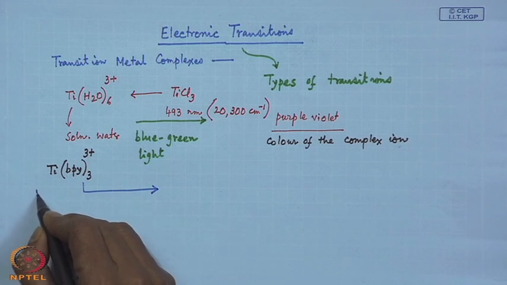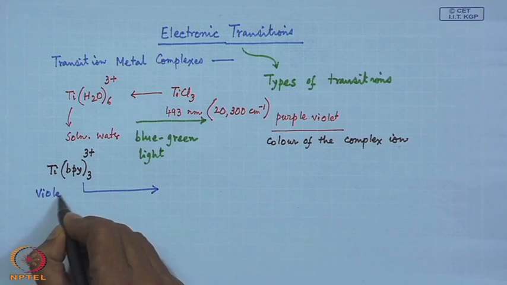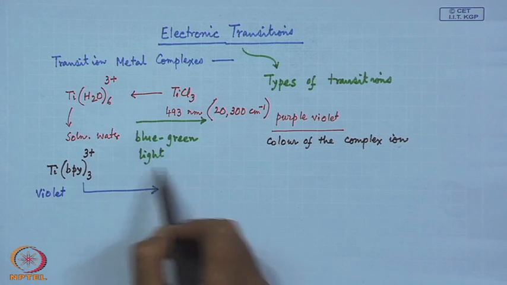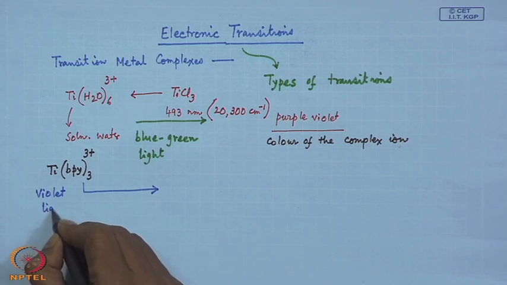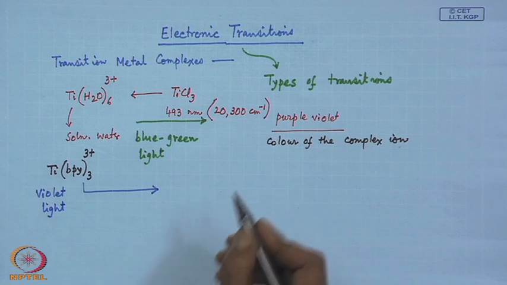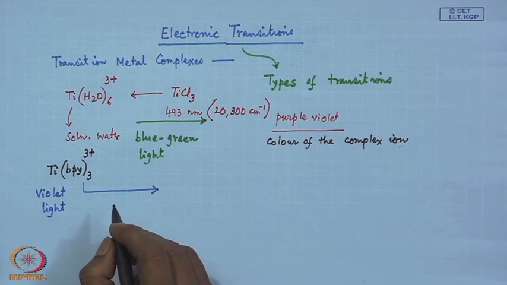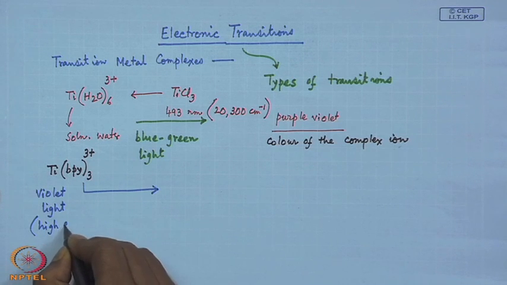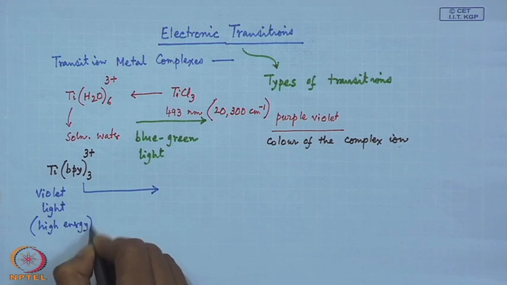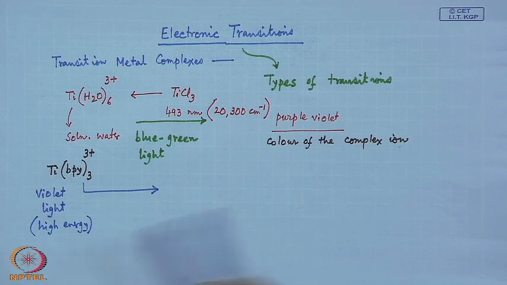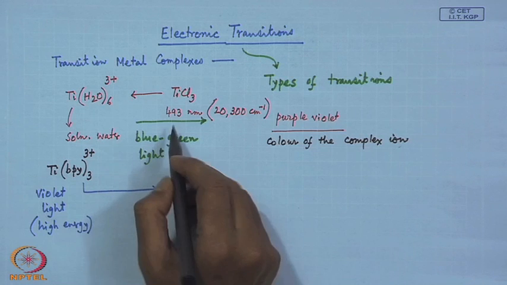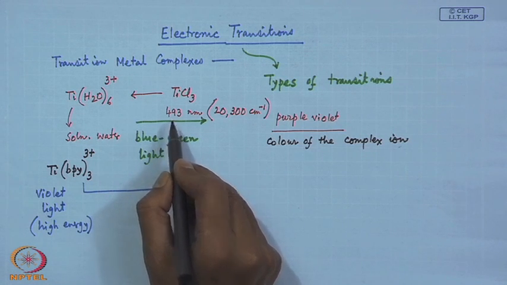So, now we expose this with violet light compared to this blue green light. So, violet light will be shed on this particular ionic species, which is of high energy compared to this one, and definitely once we state that this is of high energy, it will be shorter in wavelength compared to this 493 nanometer.